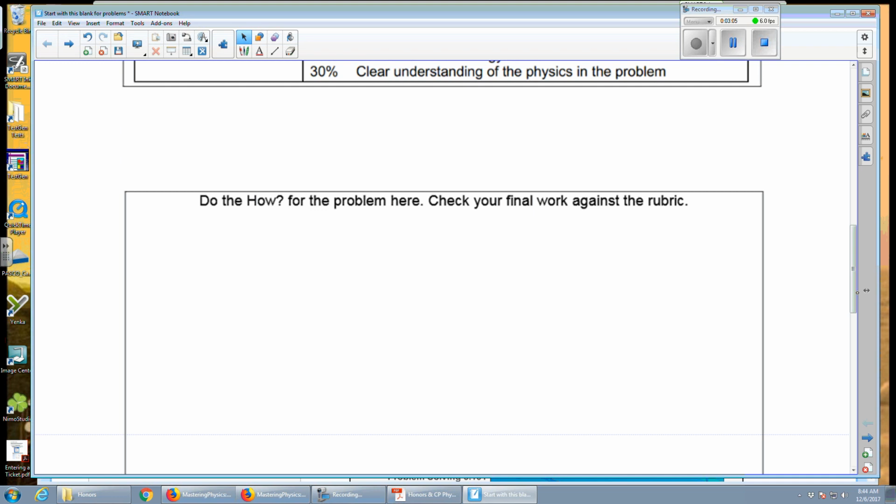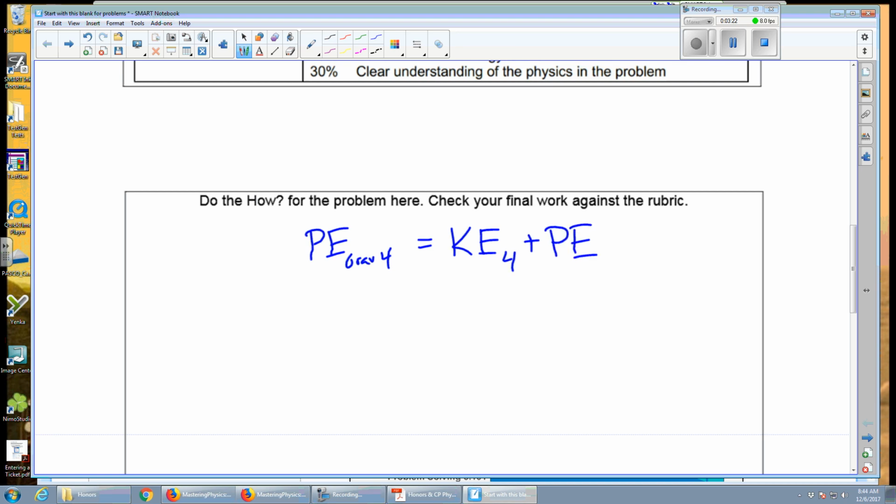that bar graph gives us the equation that the PE graph at 4 must equal KE at 3 plus the PE at 3. Oh, sorry, at 3, not 4.